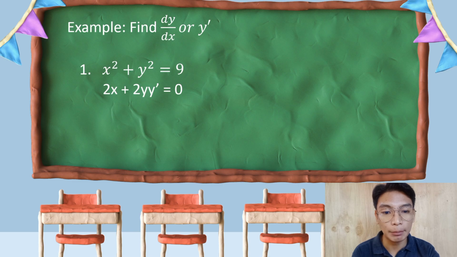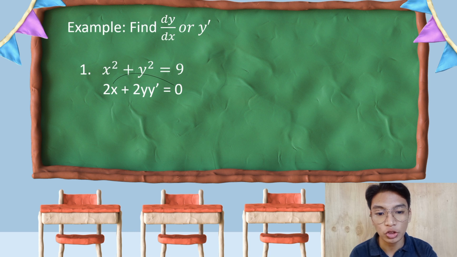The next step is we are going to move the variable that does not have the variable y prime. So in this function, ililipat natin si 2x sa right side dahil wala siyang y prime. So we will have 2y y prime is equal to negative 2x.